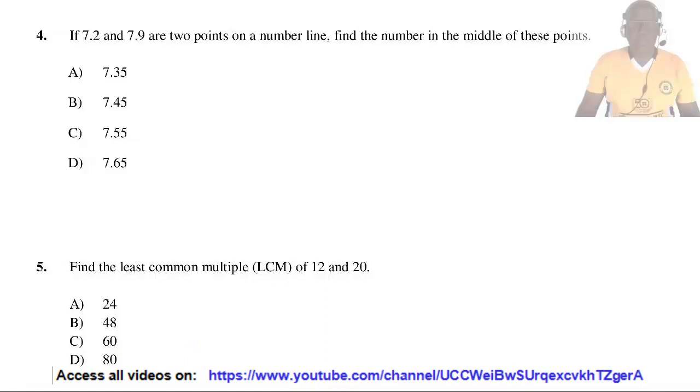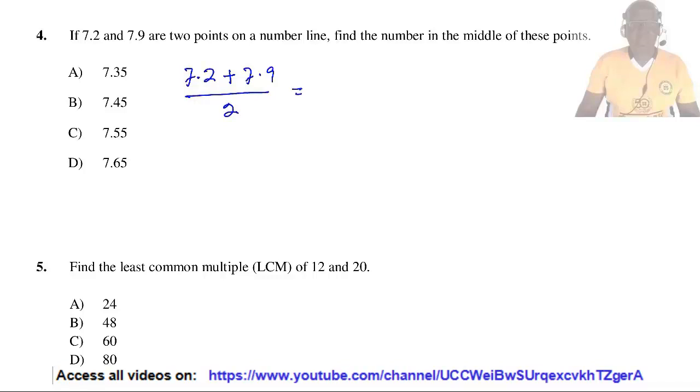Question 4. If 7.2 and 7.9 are 2 points on a number line, find the number in the middle of these points. We shall find the midpoint of 7.2 and 7.9 by dividing their sum by 2.